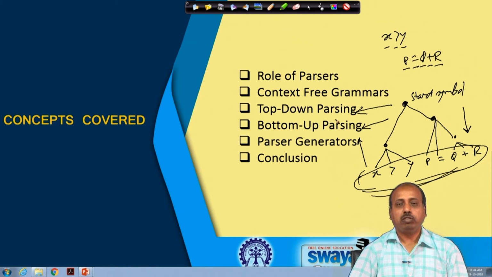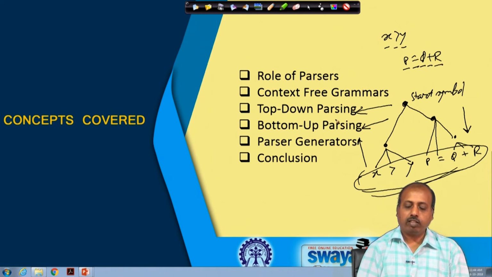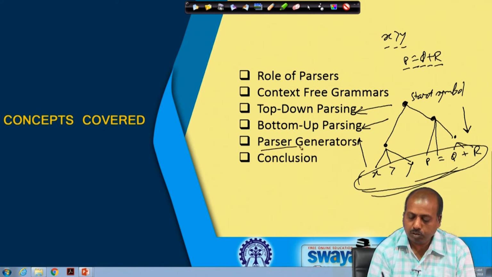So, we will be looking into some tools which act as parser generators. Just like for lexical analysis we had the tool lex, here also for parser generation we have a tool called yacc.